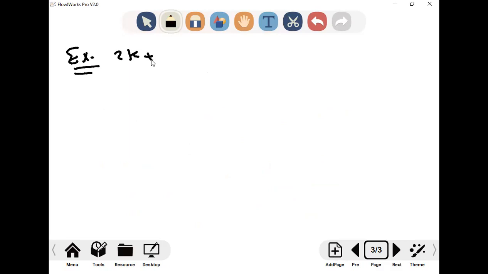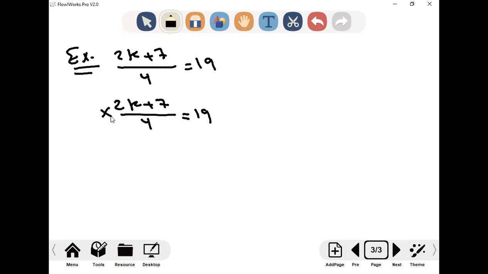2k plus 7 over 4 equals 19. Removing the over 4, it will be 2k plus 7 equals 19, a two-step equation. Take away 7, then divide by 2, right? But here I have over 4. I need to get rid of the over 4 by multiplying both sides by 4.